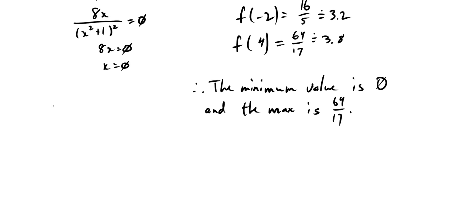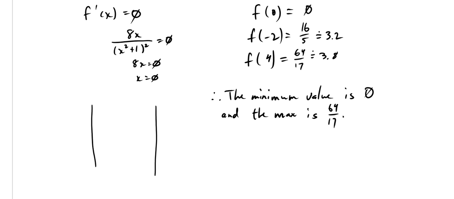And if we want to sketch this one, the minimum value occurred at 0, and the derivative was equal to 0 there. So that is a turning point, right? We may not know exactly what the function looks like without doing more of the work, especially around a rational function, but that part doesn't matter.